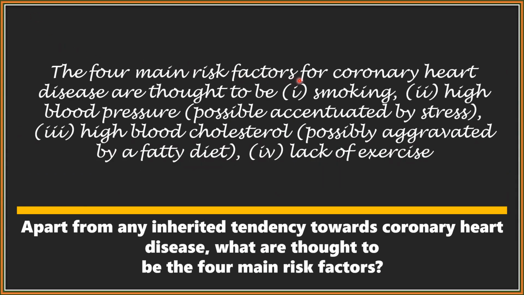The four main risk factors for coronary heart disease are thought to be smoking, high blood pressure, possibly accentuated by stress, high blood cholesterol, possibly aggravated by a fat diet, and lack of exercise.